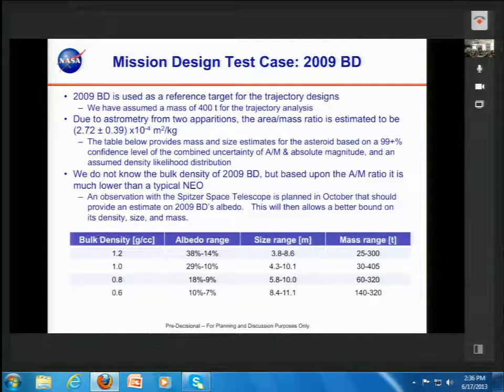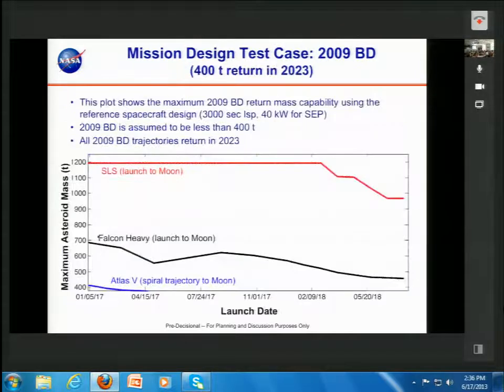On the next slide, we've done multiple low thrust trajectories, assuming different launch vehicles, such as the Atlas V in blue, the Falcon Heavy in black, and the SLS in red. And you see the retrieval capability for the SLS and Falcon Heavy are well above 400 tons for launches well into mid-2018 and actually beyond.